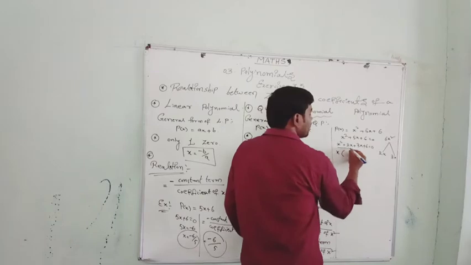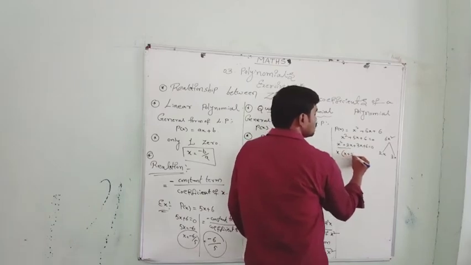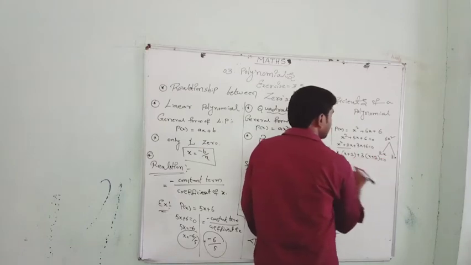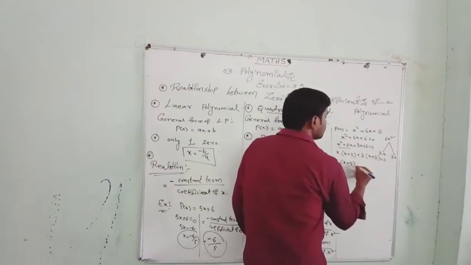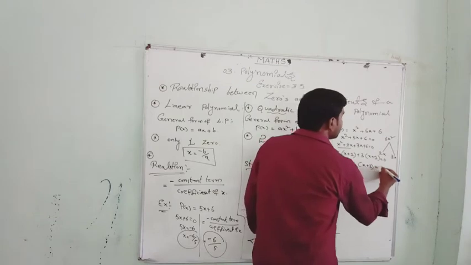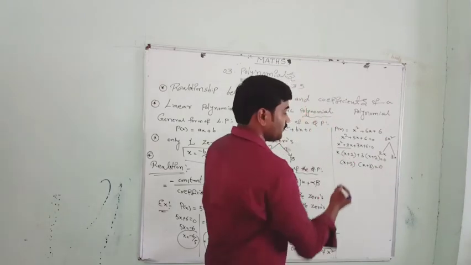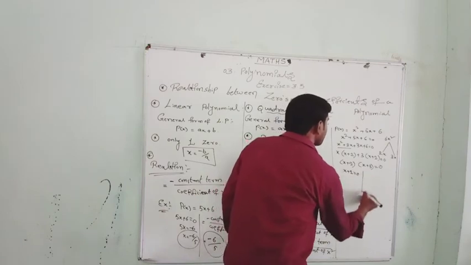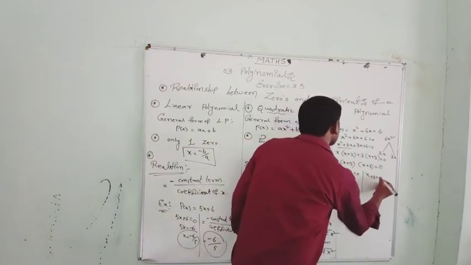Then take x common from the first two terms, x plus 2 in the bracket. Then take x plus 2 common, so x plus 3 will be equal to 0. Now here x plus 2 equal to 0 and here x plus 3 equal to 0.